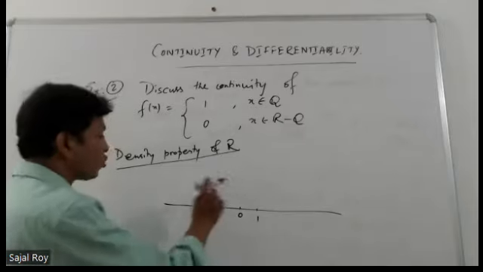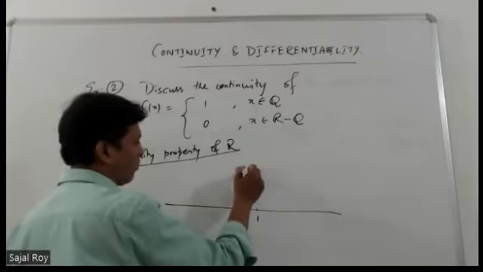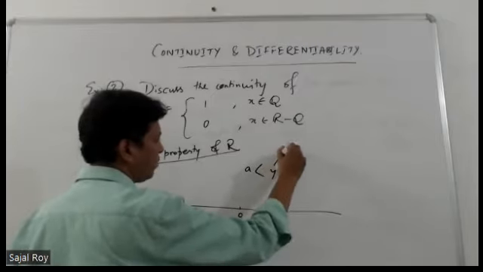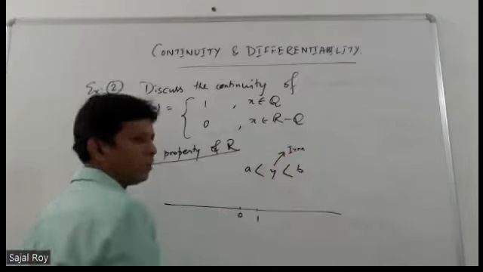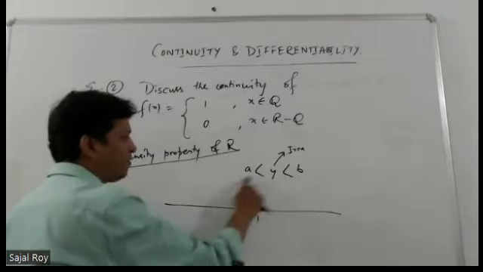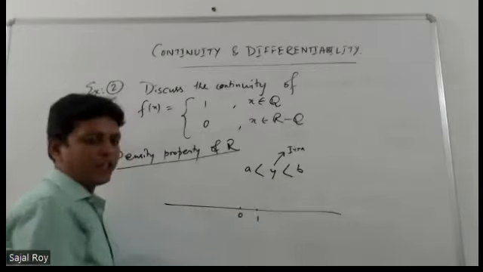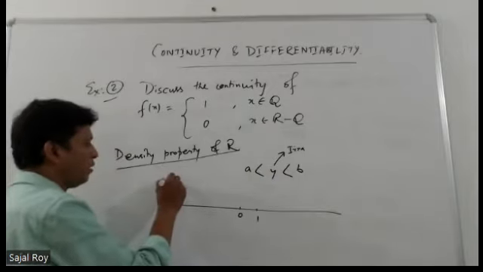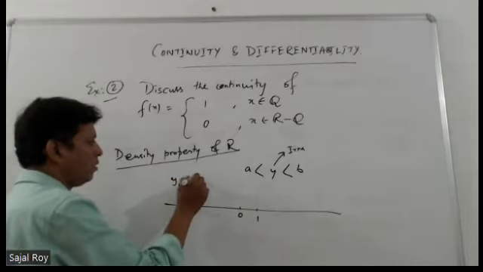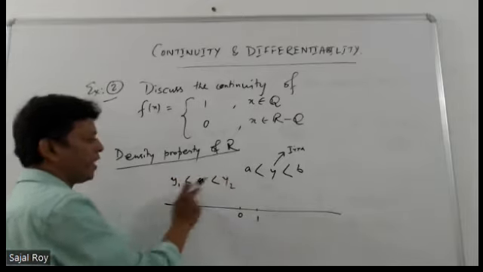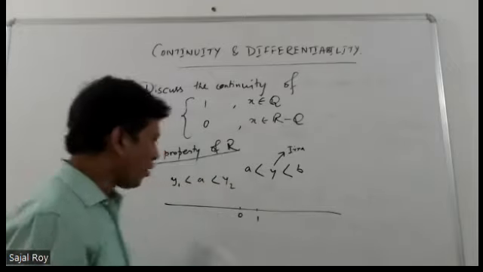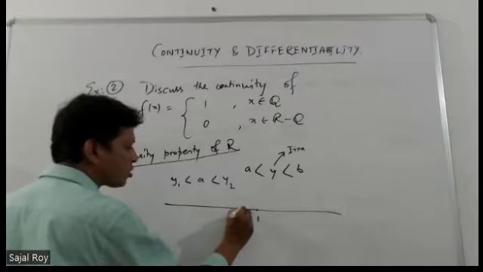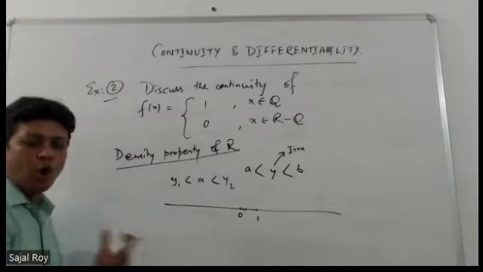Between two rational numbers there always exists an irrational number. Also, between two irrational numbers there exists a rational number. So rational and irrational numbers are very close, dense on the number line.